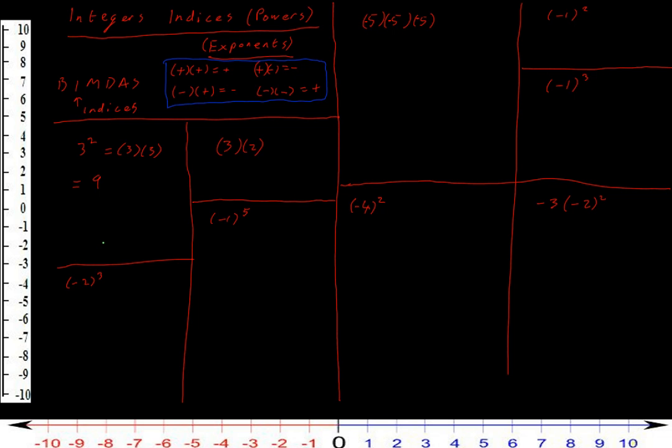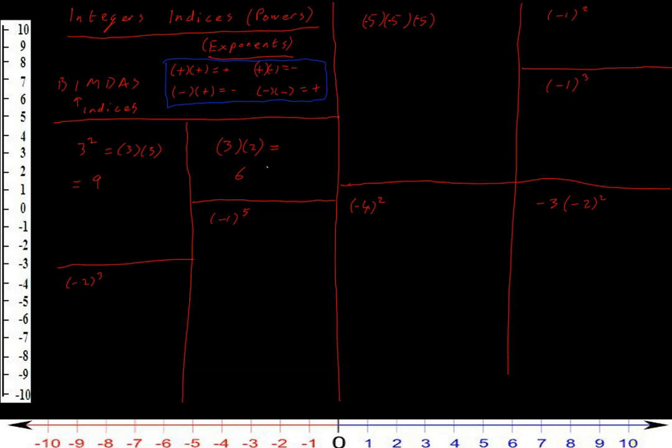I want to highlight something to you immediately that can sometimes catch people out until we get used to our indices. This is a little 2 in the top right hand corner of our number 3. If I meant multiply, I should be using brackets and the 2 is big. So if I'm doing multiplied, this is what it looks like. 3 multiplied by 2. I know how to do that.